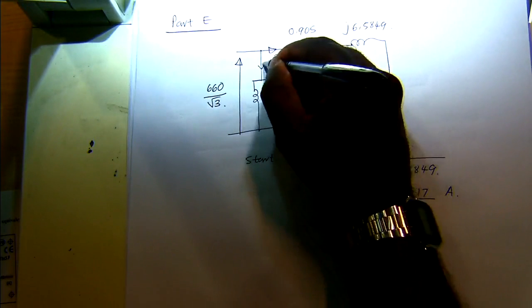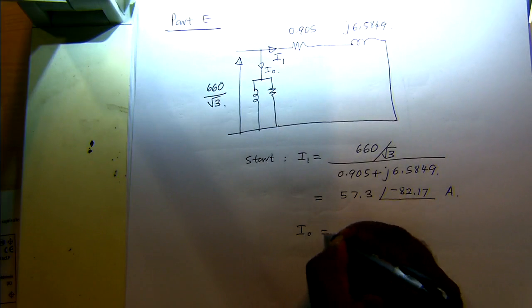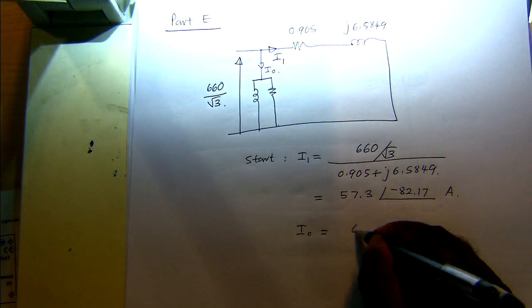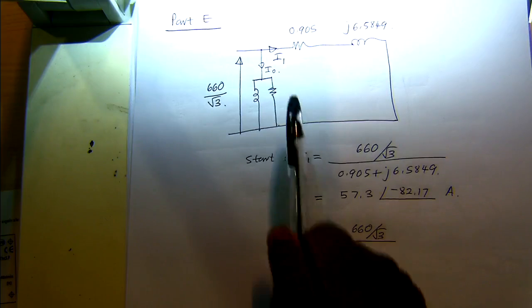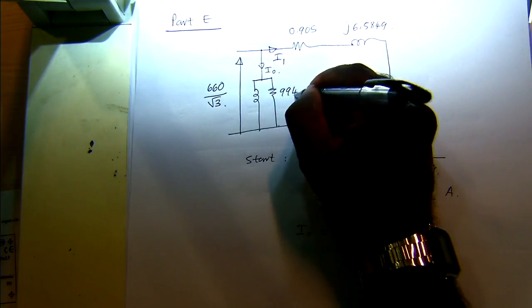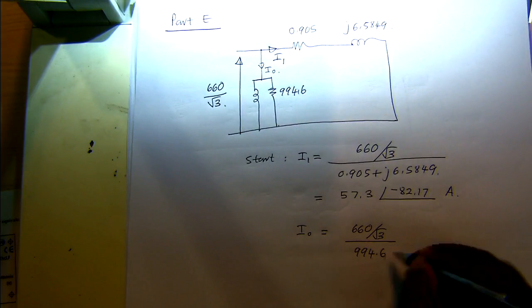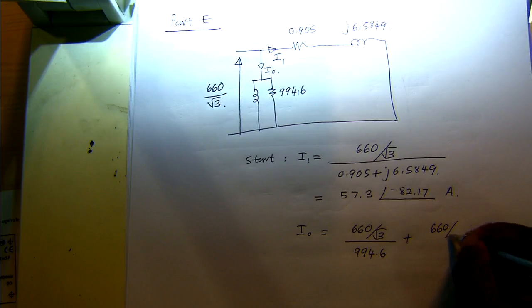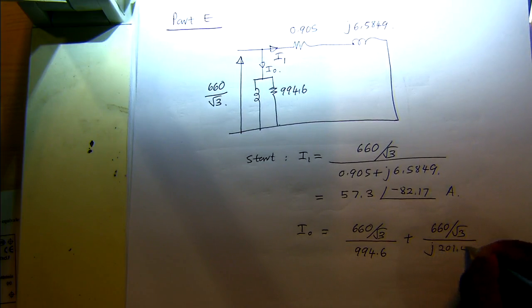And the magnetizing branch, I naught, is just the currents on these two branches. So that's 660 over root 3 divided by the resistance, which we calculated as 994.6, plus 660 over root 3 divided by j 201.42.